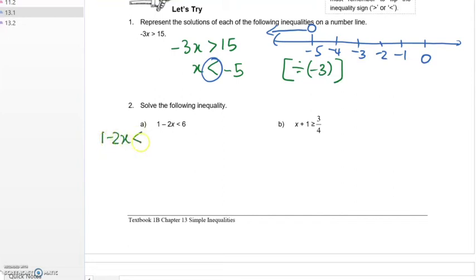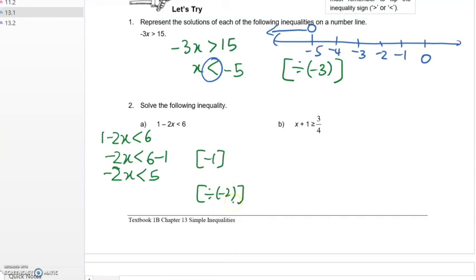1 minus 2x is less than 6. Alright, so now we're gonna want to make x the subject basically. So I need to subtract 1 on both sides. Subtracting 1 on both sides does not change the sign. So I have minus 2x is less than 5. Okay, and then I'm gonna divide by -2 on both sides.